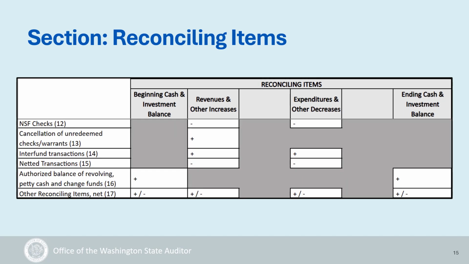Moving on to non-sufficient fund checks, or NSF checks. NSF checks are those check payments that the government receives that then are flagged as the payee has non-sufficient funds in the account that the payment was made from. This has an impact on the revenue side of the equation and the disbursement side of the equation here.